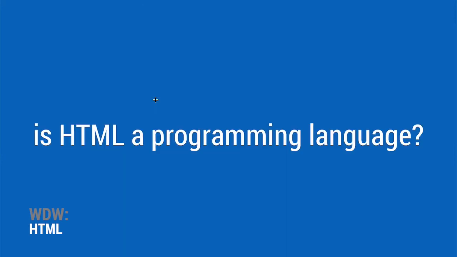So a question that I looked up for myself, and what a lot of people are looking up, is HTML a programming language? Are you learning how to program when you learn HTML, or are you learning something else?